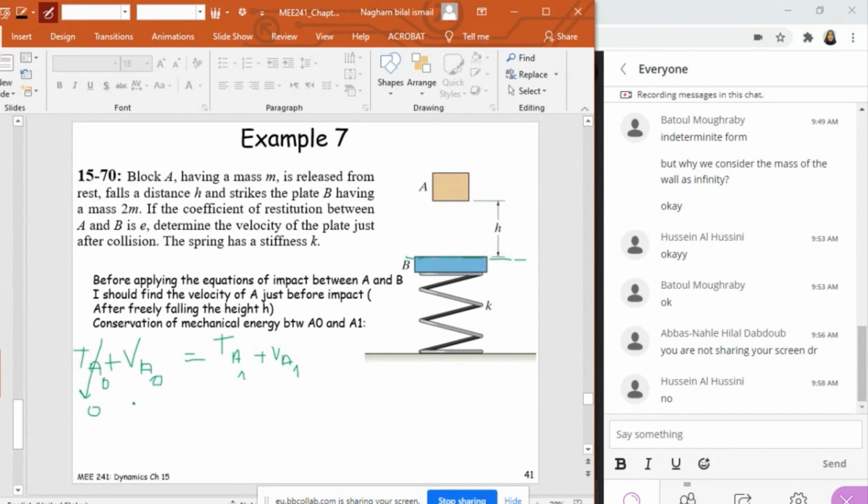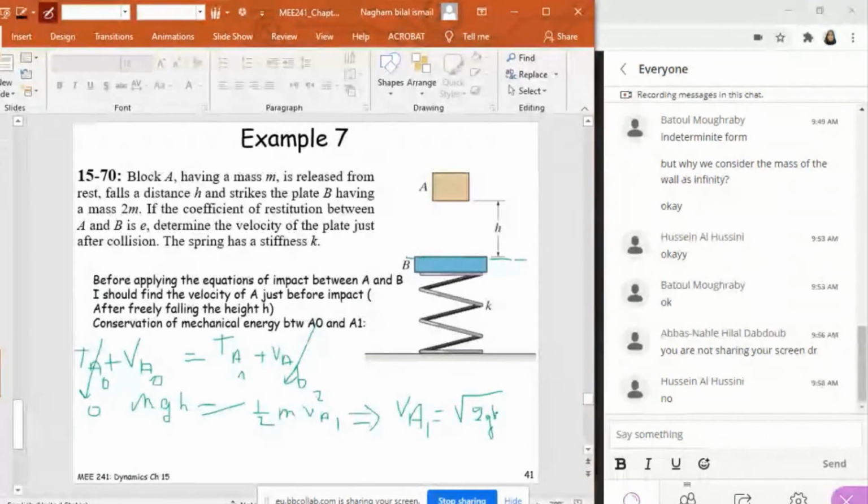All right. So here, I'm going to have MGH is equal, now this will be 0, half MV squared A1. All right. So MGH will be equal to half MVA1 squared. And this means, guys, that VA1 will be positive or negative radical of 2GH. Now it's up to you.